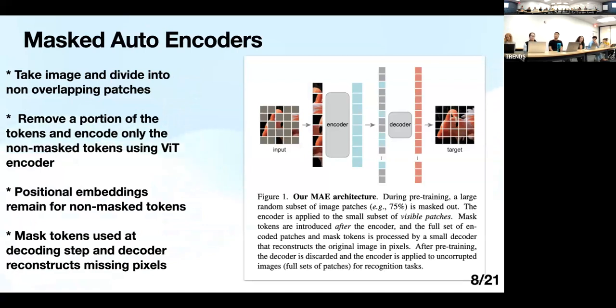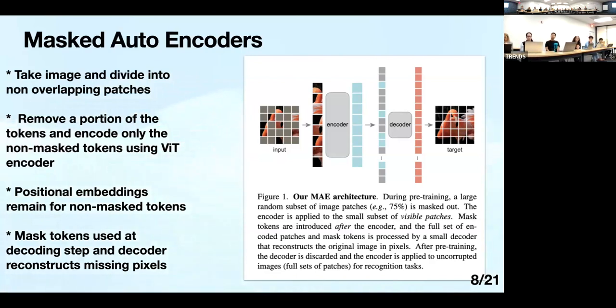Taking a look at the masked autoencoder, how it works is they take an input image and divide it into non-overlapping patches. They simply remove a portion of the image by masking out these tokens and only putting the unmasked tokens into a transformer encoder block. But the key here is that the positional embeddings are still present on these non-masked tokens.